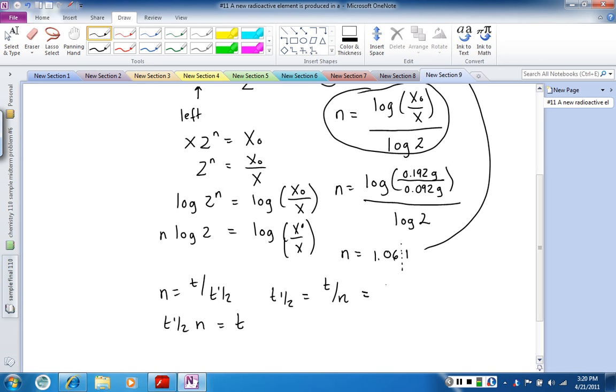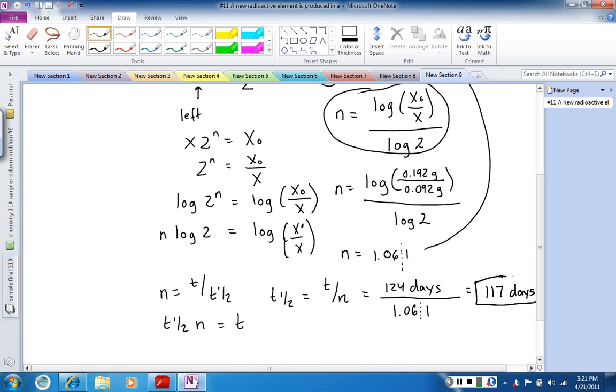Our t was 124 days, and our n, which is the number of half-lives passed, is 1.061. 3 sig figs works out to be 117 days.